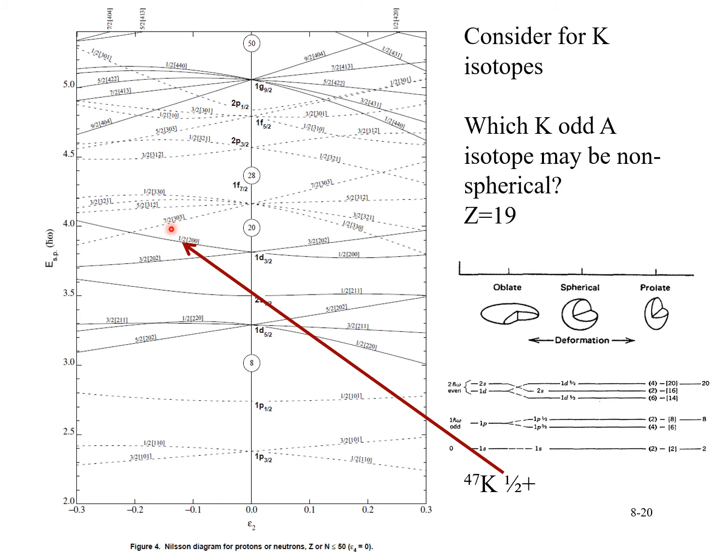Here's the spin of 1 half. This 2, 0, 0, the 2 indicates that it's in the D state, so it's a positive parity. This shows that potassium 47 is an oblate nucleus because it has a negative deformation parameter.